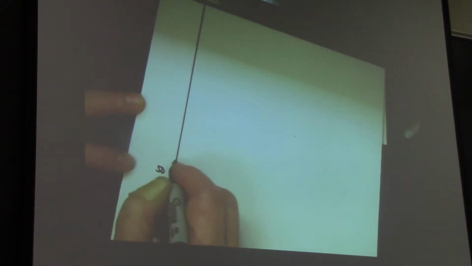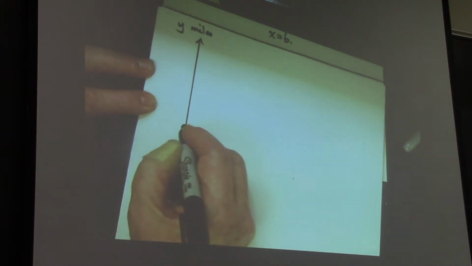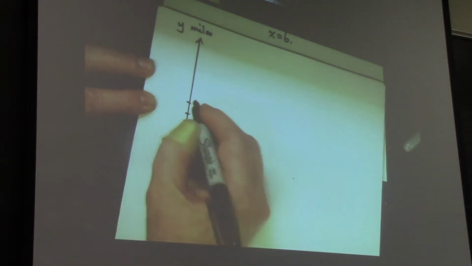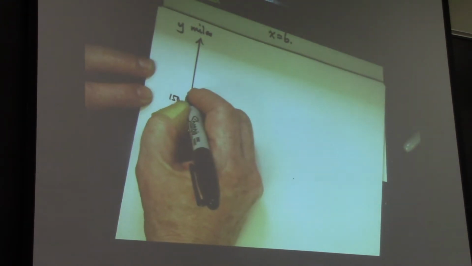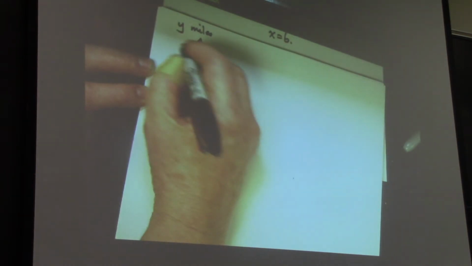It's 50. Okay, good enough. All right, so if I make a sketch of this graph, I have 0, 0.